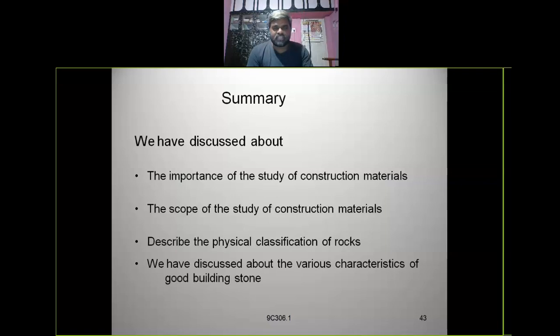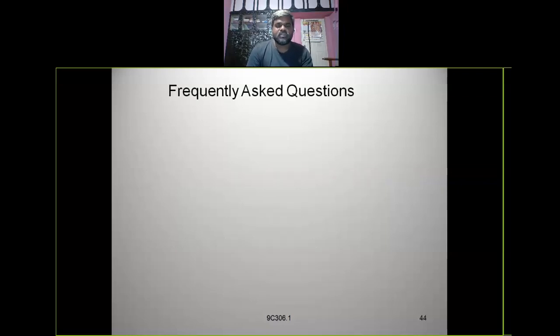We have discussed various characteristics of a good building stone like strength, durability, texture, structure, appearance, like this. Hardness, strength, toughness, these are different characteristics of a good building stone. These are some frequently asked questions in the exams.